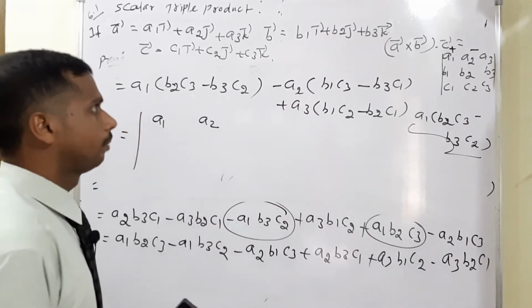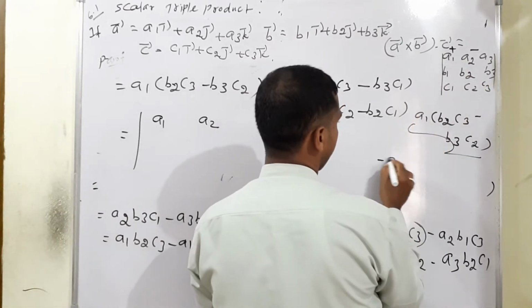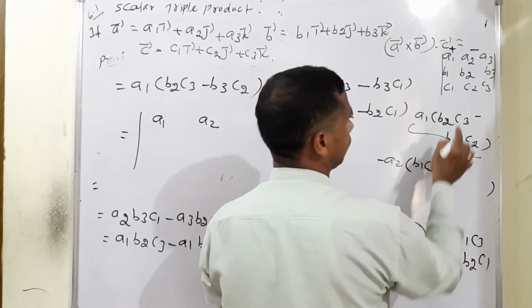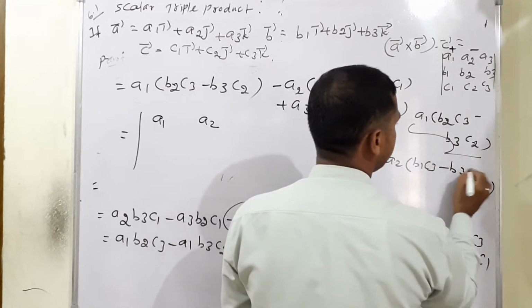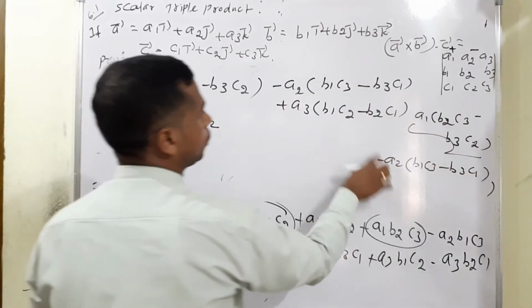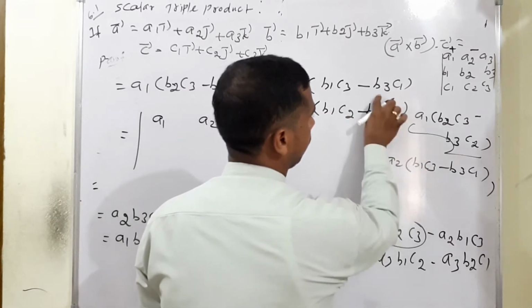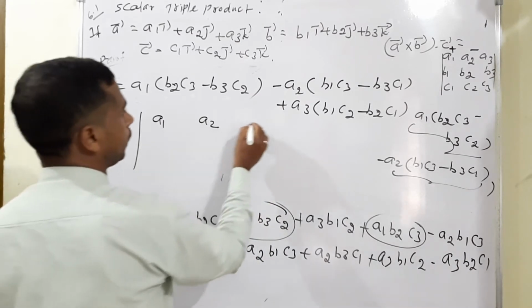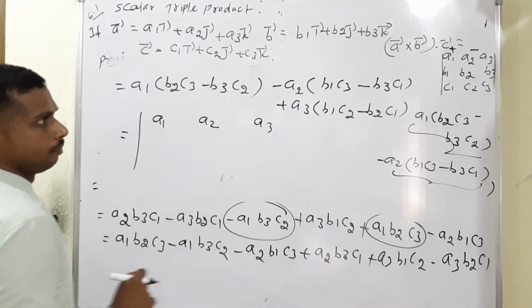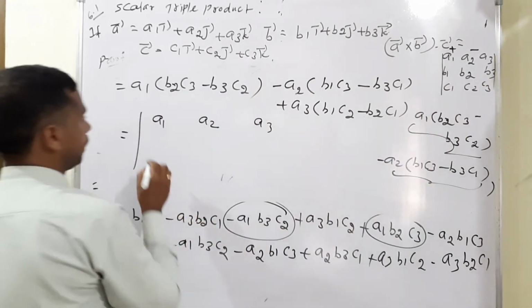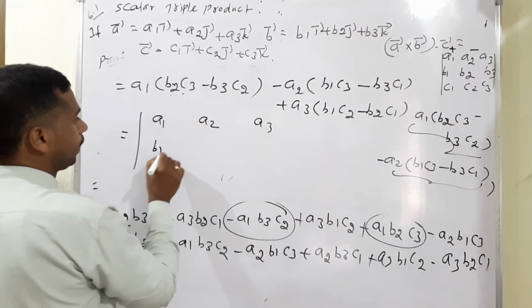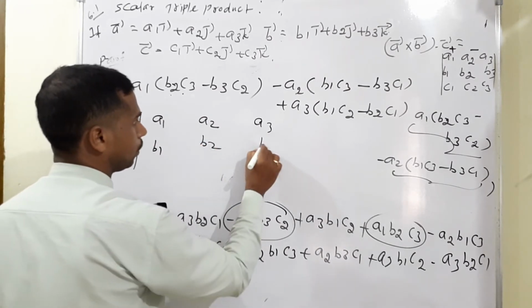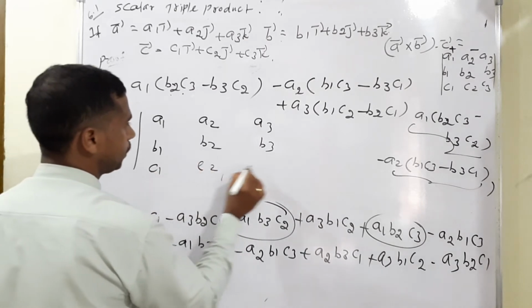Take minus A2 common outside means B1 C3 minus B3 C1, minus A2 into B1 C3 minus B3 C1. So instead of the second term we can write only A2, as well as A3. The same condition, instead, B1 B2 B3 will come. Last condition C1 C2 C3.